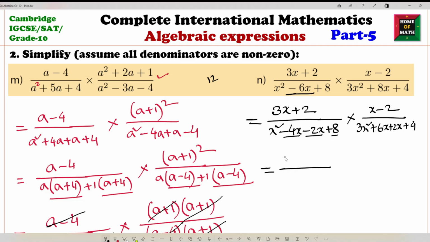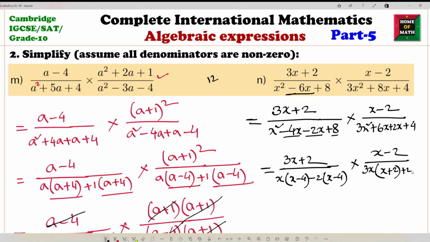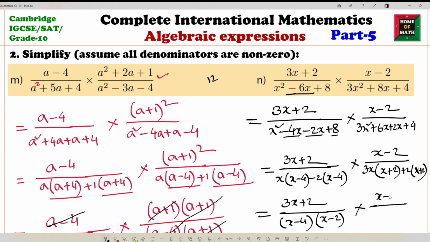So here we take common x: x minus 4, minus 2 common, again x minus 4 times x minus 2. In the other, we take common 3x, so x plus 2 common, giving 3x plus 2 times x plus 2. So we write 3x plus 2 over x minus 4 times x minus 2, times x minus 2 over x plus 2 times 3x plus 2.